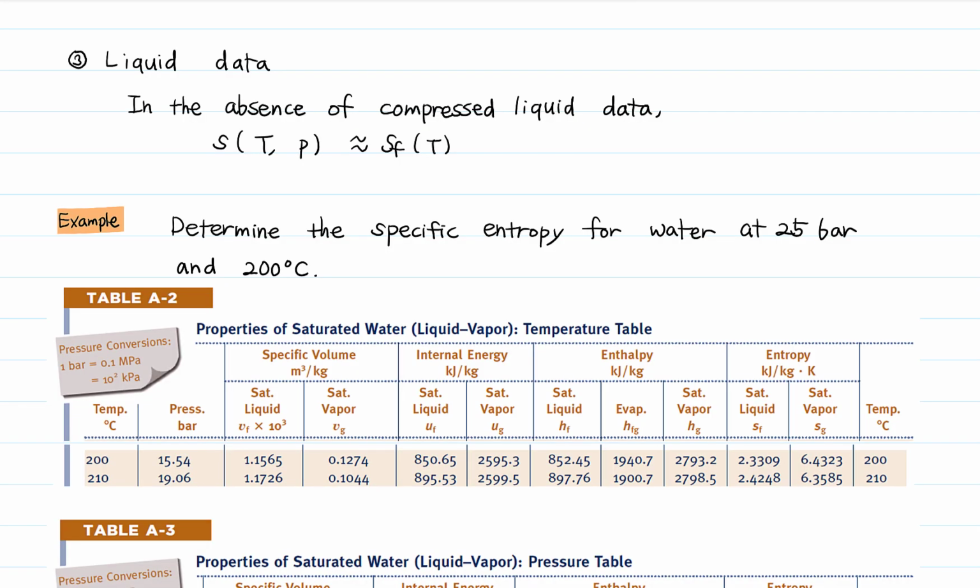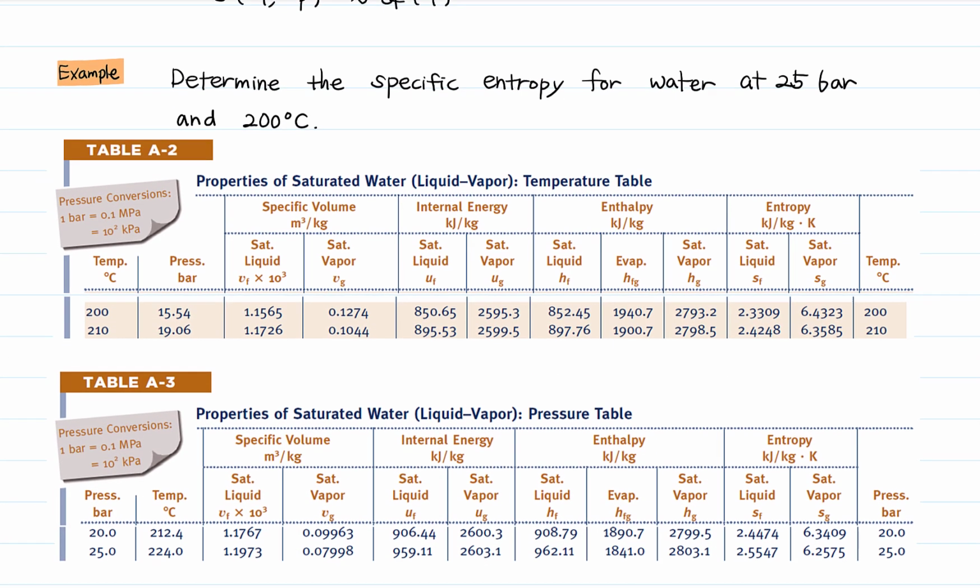The entropy of a compressed liquid for water may be found in thermodynamics tables. If the thermodynamics tables are not available, the substance may be approximated by the saturated liquid, and we use the saturated liquid-vapor table. So let's see this example.